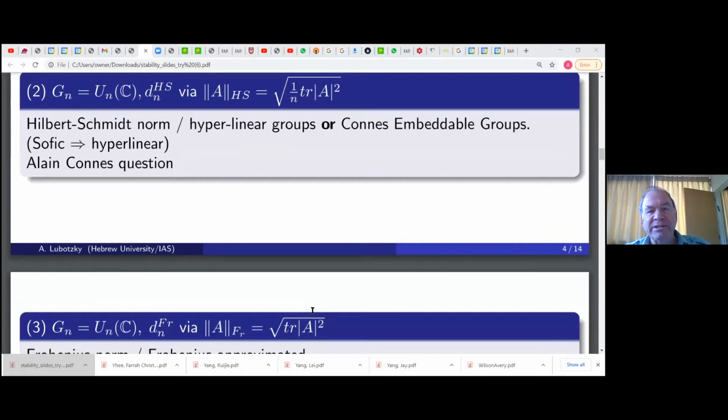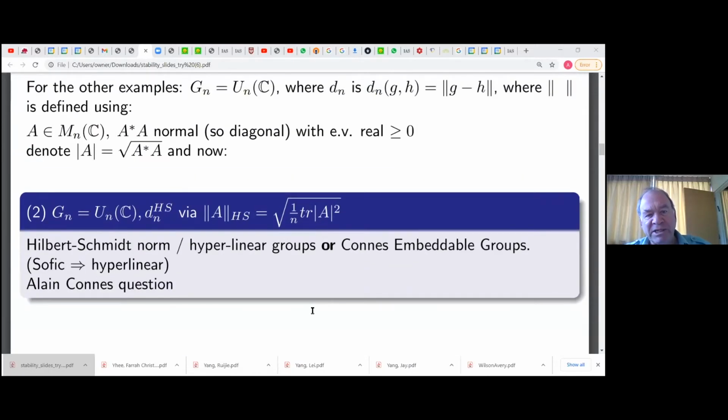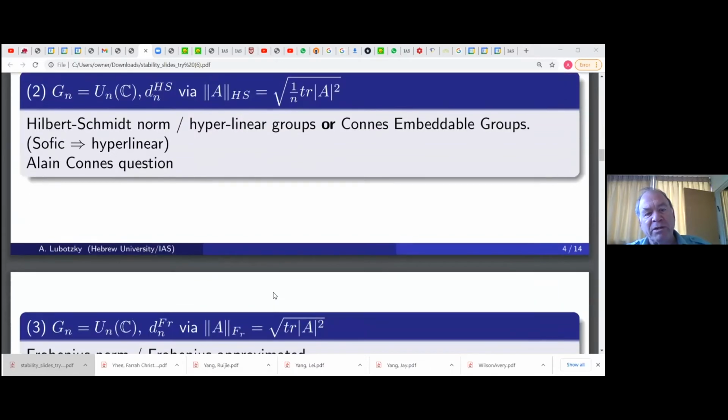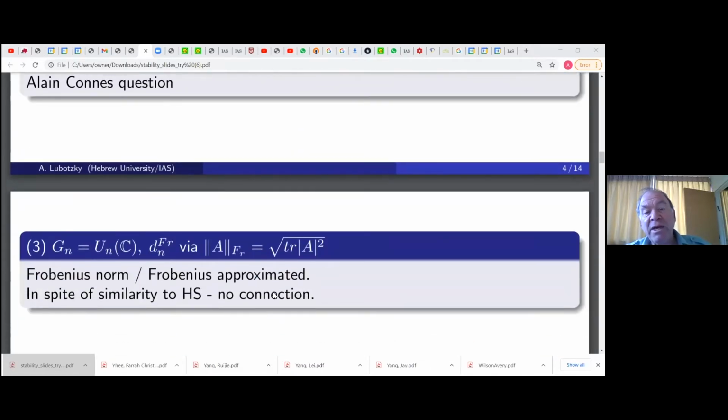Let's take another example, and then you see how sensitive the issue is. The next example will replace the Hilbert-Schmidt norm by the Frobenius norm. What is the Frobenius norm? It is nothing more than taking exactly the same thing without the normalization.